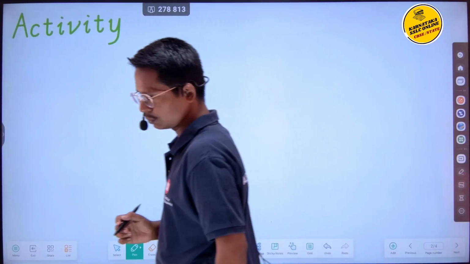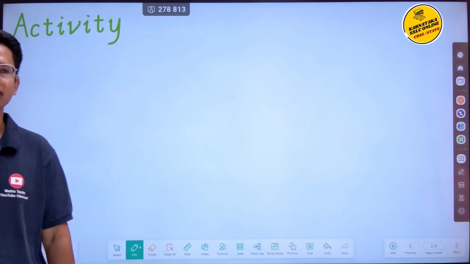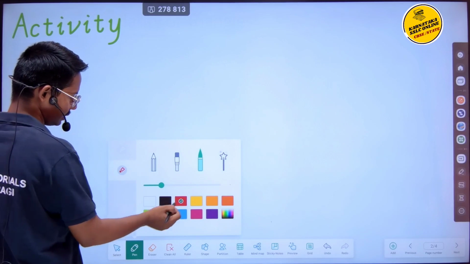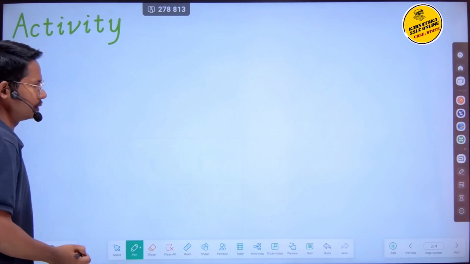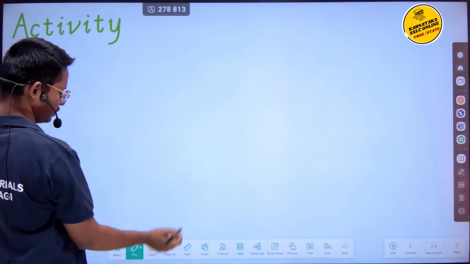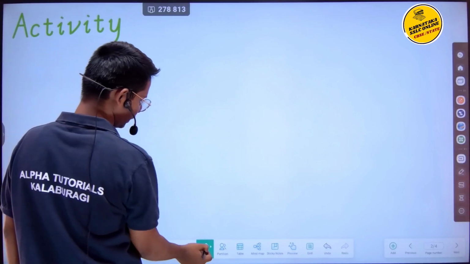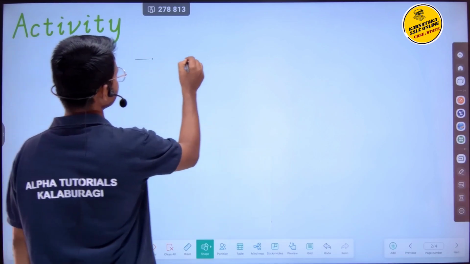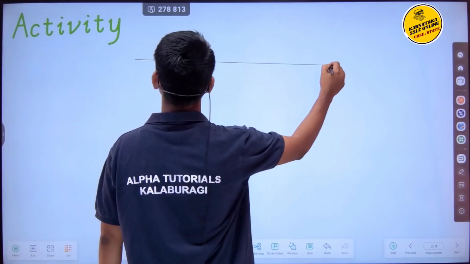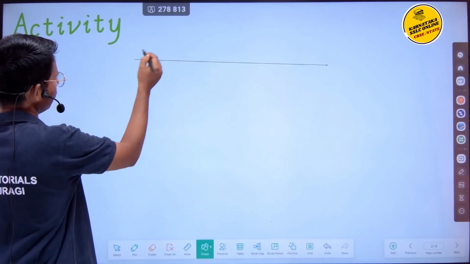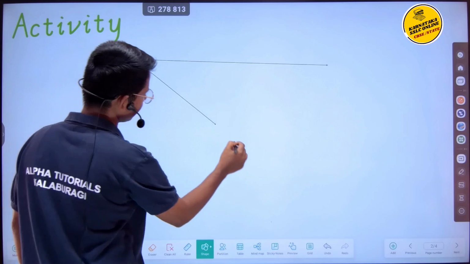Before we go to what BPT is, we'll do an activity. The activity shows the principle of BPT. Let me consider a straight line, a ray, and one more ray which makes an acute angle.